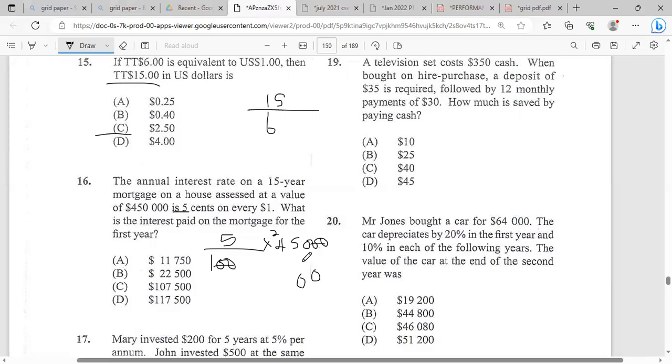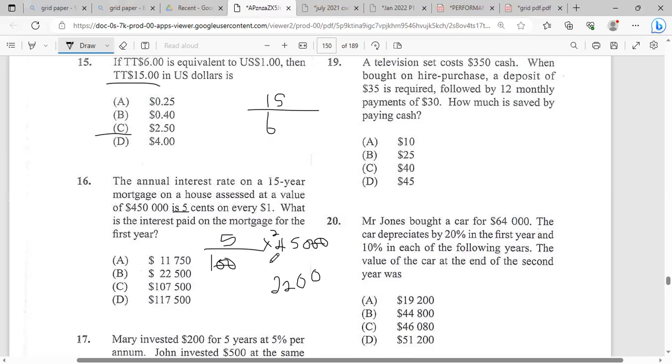Something is wrong here. Let me see how many zeros there are.